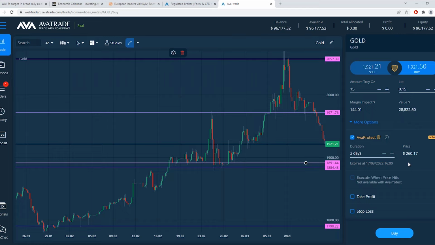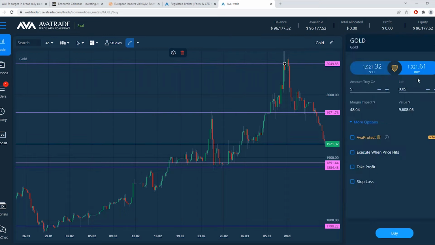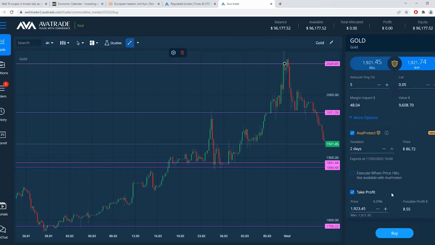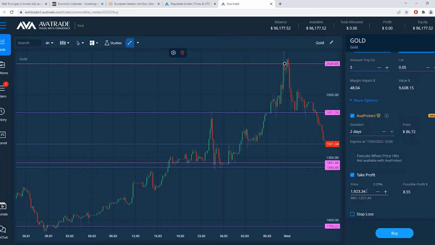And if you think there's a big reason, let's say, for gold to go up and you trust this support level, then maybe you do an AvaProtect move. Your potential profit, if gold goes even back up to, let's say, 2050, which isn't even the highest point that it reached, up around 2070, then you could go ahead and program a take profit at 2050.